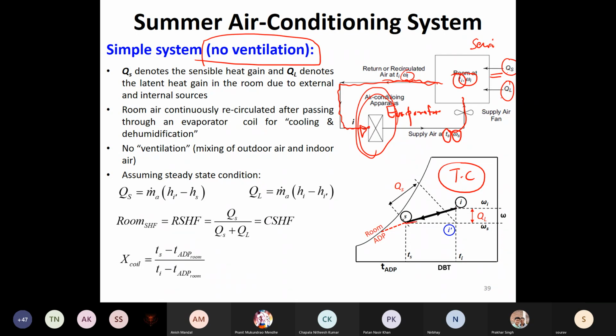Supply air going to your indoor room condition, then it goes back into the coil and comes back to supply air condition. So this is the process. So this straight line going up and going down. Again, this is only at steady state. At unsteady state, these two lines will not match exactly.